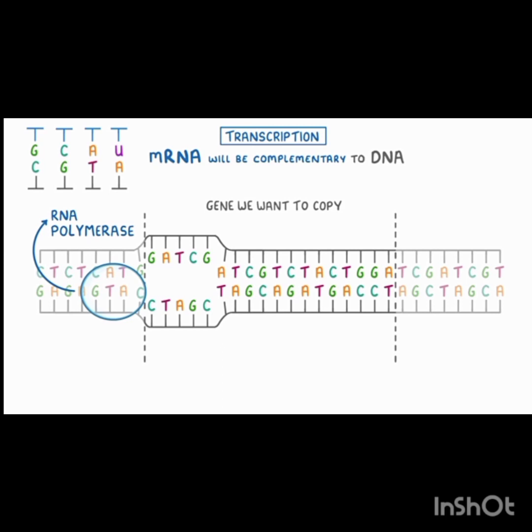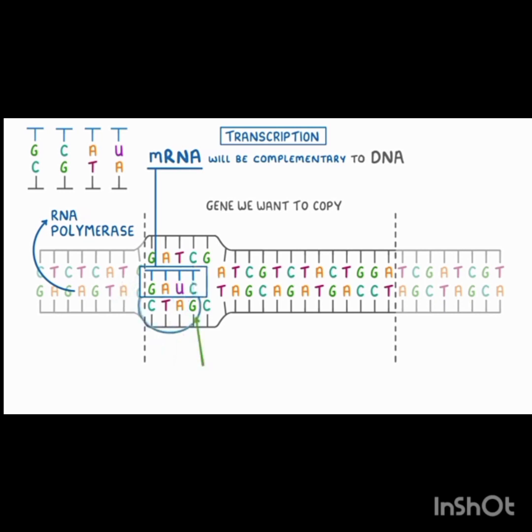If we start by reading C, then C will be complementary in mRNA with G, guanine, and T will be complementary with adenine, and adenine in DNA is complementary with uracil in mRNA.